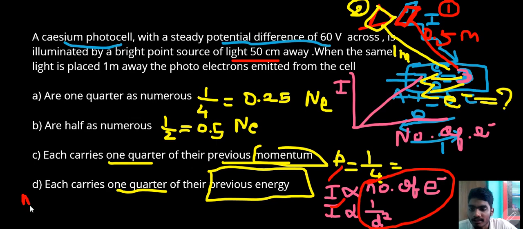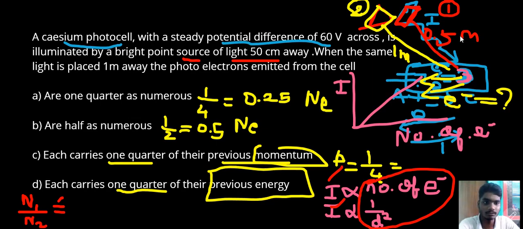So the number of electrons in the first situation by the number of electrons in the second situation: the number of electrons is inversely proportional to the square of the distance between the light source and the cathode.